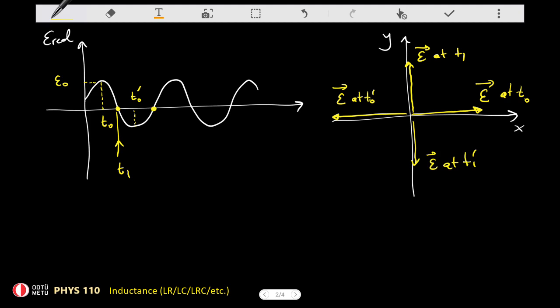All of this happens within a period, so you can also see the periodic nature here. After one period, the time is now t0 plus one period. Just keep in mind that we usually use the angular frequency as the only variable, so we would express the period as 2 pi divided by omega.